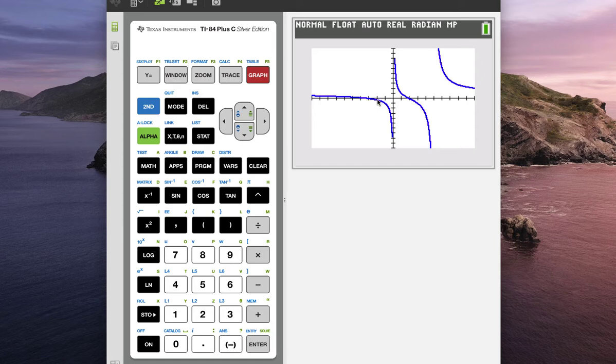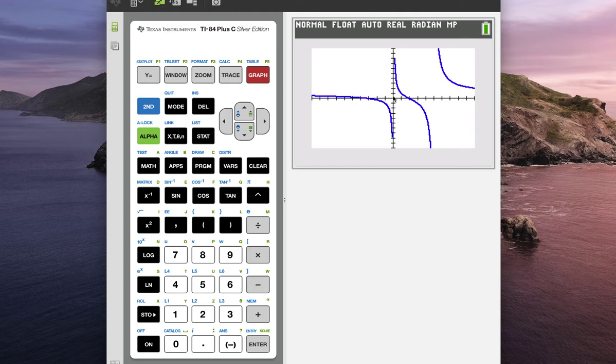Before negative 3, after negative 3, it switches from positive to negative. So it switched at a zero, like we were used to with polynomials. And it switched at this other zero at 2, positive to negative. But notice that it also made a switch from here to here. What's here? This is a vertical asymptote.